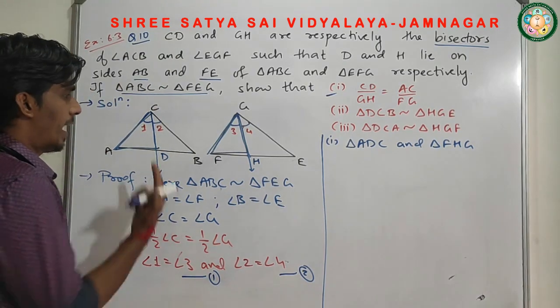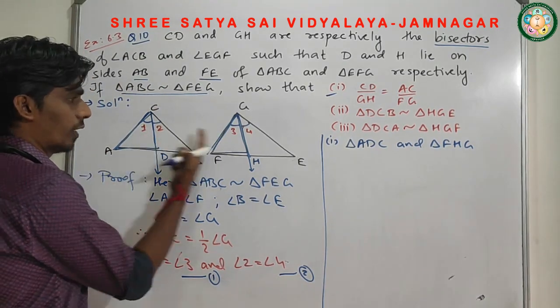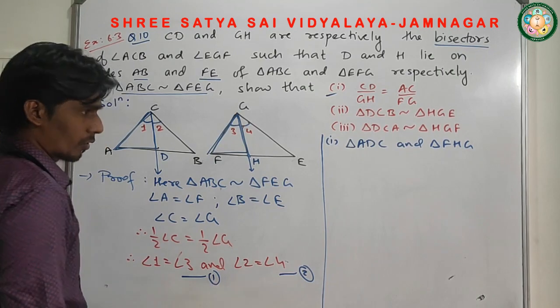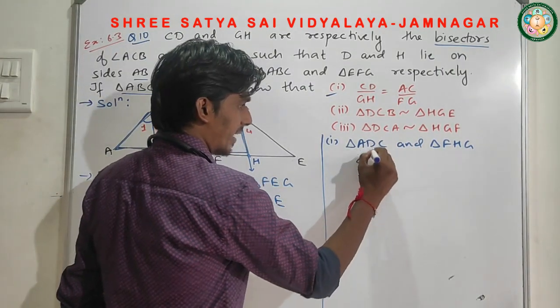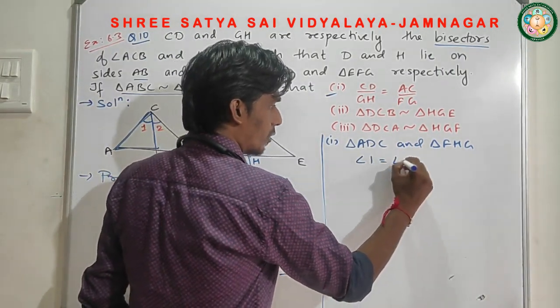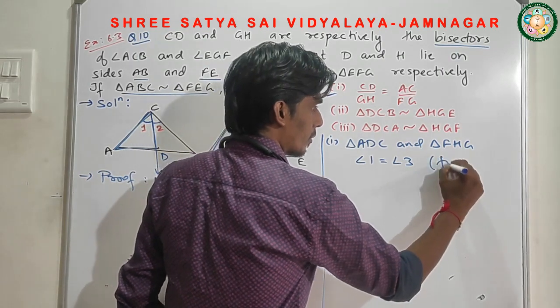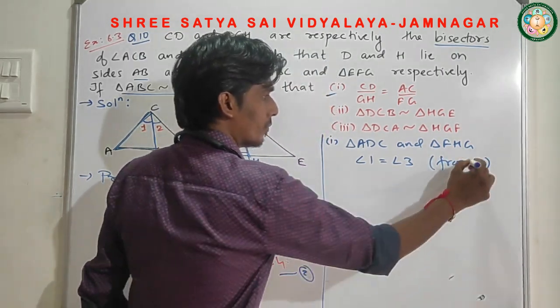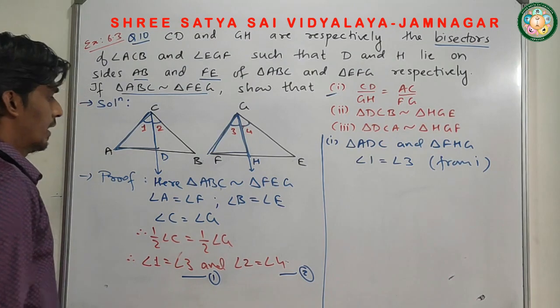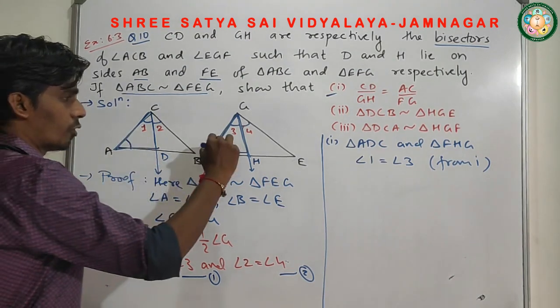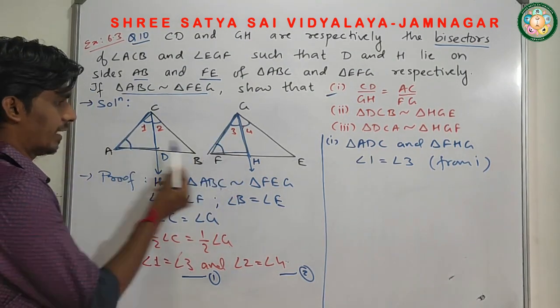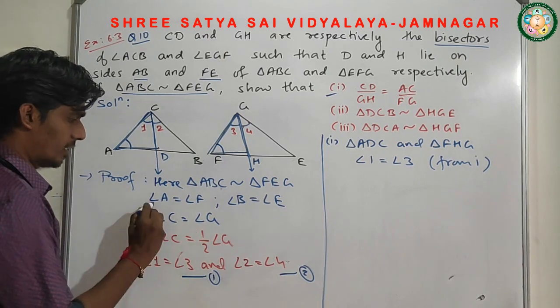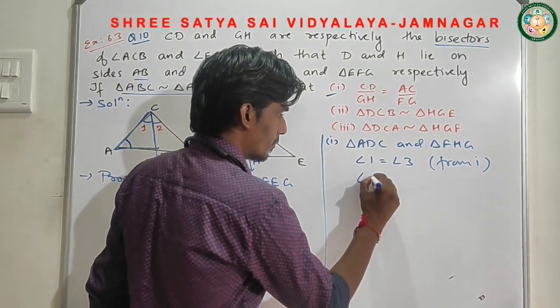For these two triangles, I can see that angle 1 is equal to angle 3 from equation 1. For triangle ADC, angle 1 is equal to angle 3 from 1. Now, I can say that angle A is equal to angle F.